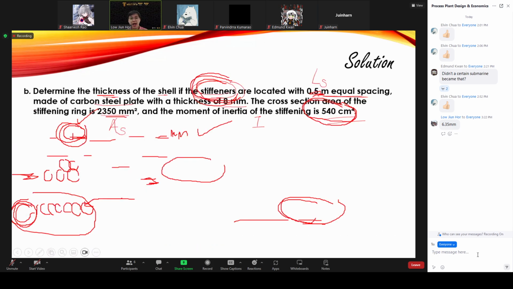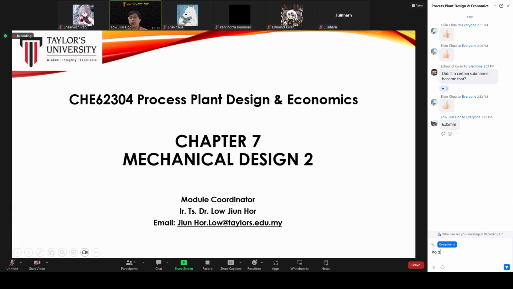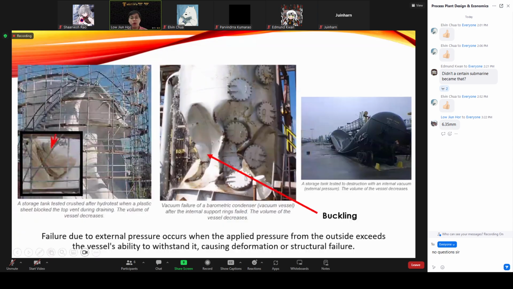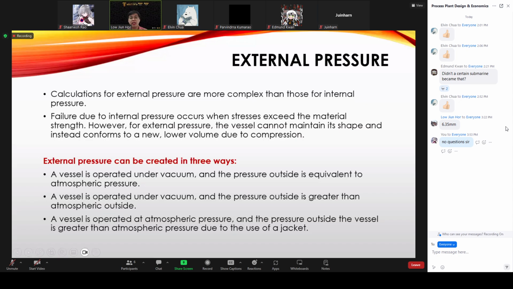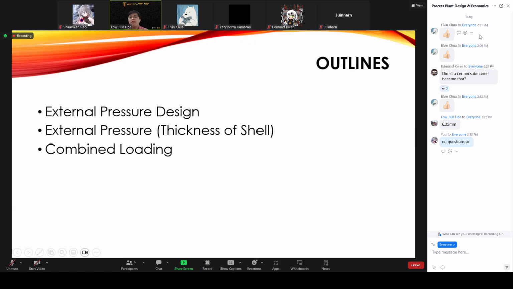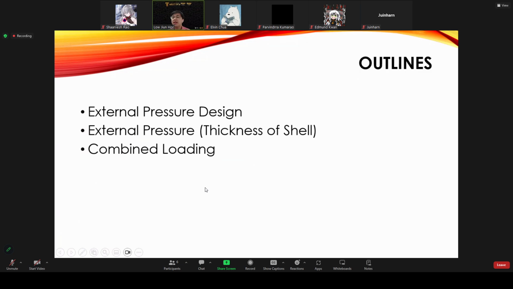So far any question regarding our lecture before we end our lecture today? In today's lecture, I tried to cover the calculation of how to determine the thickness for the pressure vessel to withstand the external pressure. For the combined loading, I just quickly tried to explain and introduce the relevant equations to you.